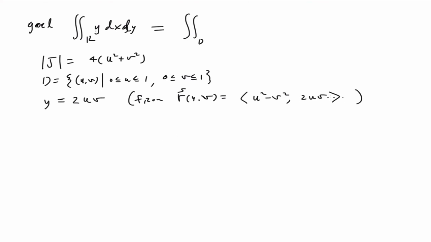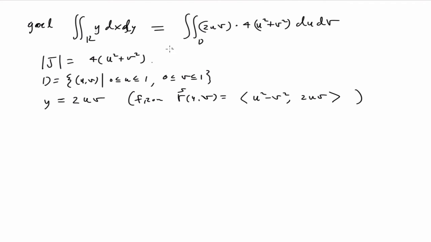Okay? So we knew that that was true. So I can actually put that in, 2uv, times, and now I have to put in our Jacobian, 4 times the quantity u squared plus v squared, du dv.